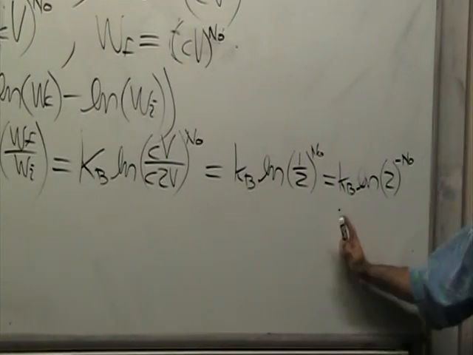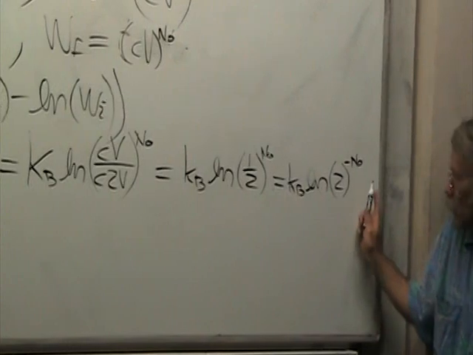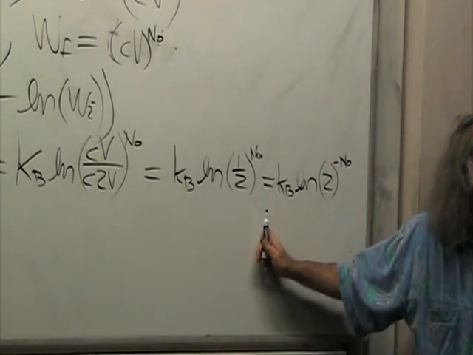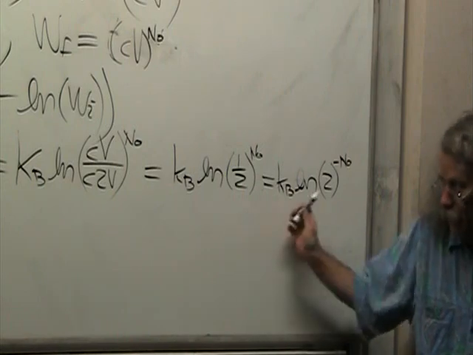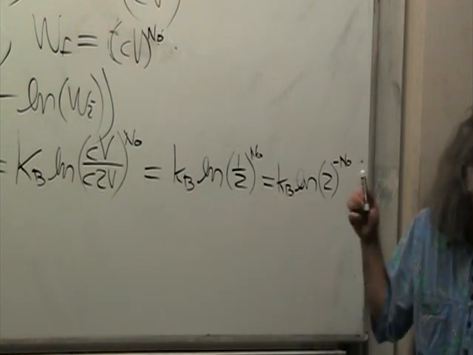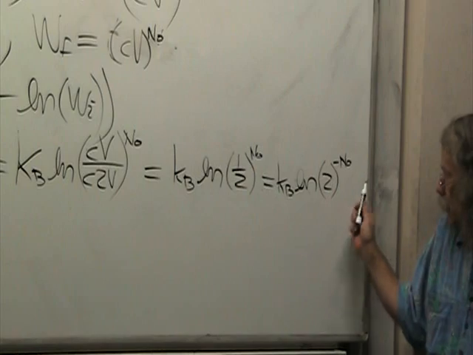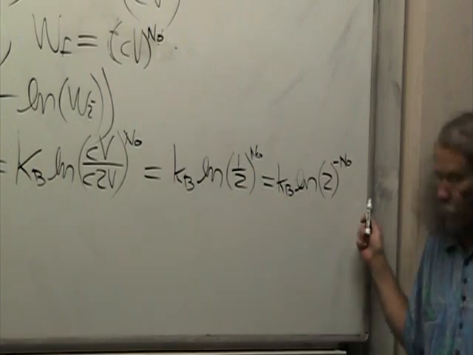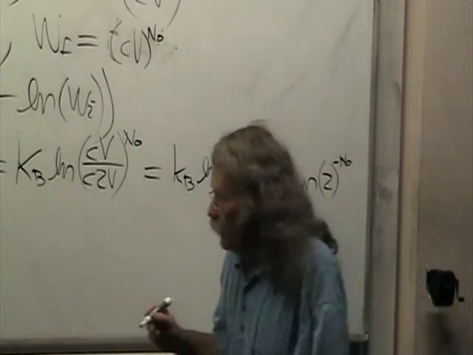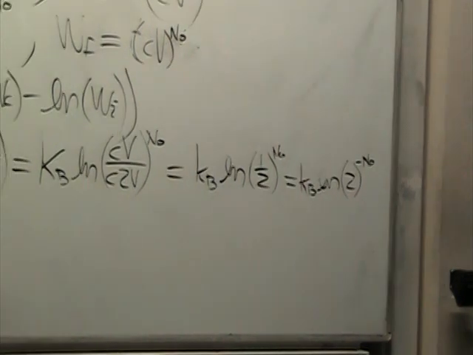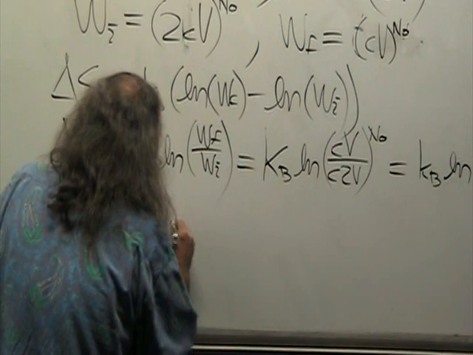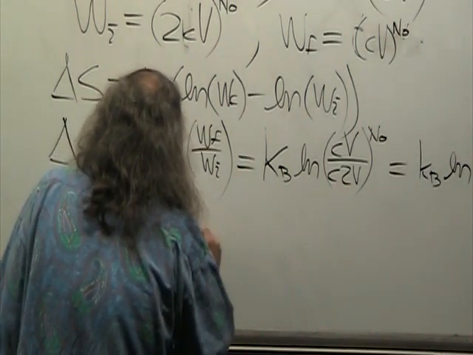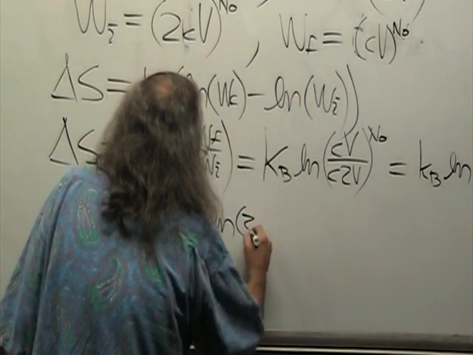And now the rules with exponents and the rules with logs allow me to pull any exponent through. I can go both ways. We did this a lot when we were deriving the law of mass action from the free energy. We were going the other way. So I can pull this through, and delta S is going to be equal to minus N naught times KB times natural log of 2.